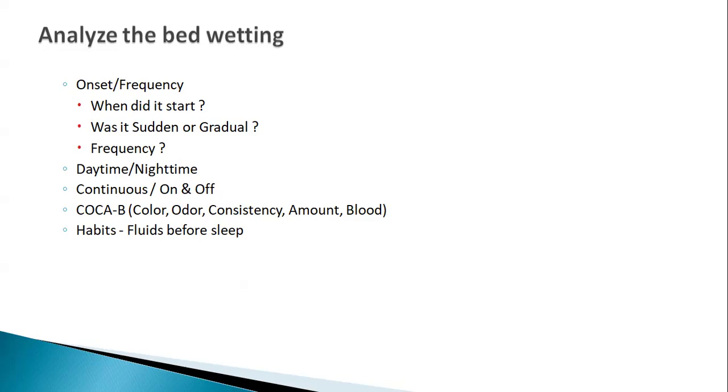If we are dealing with secretions, we want to know about the consistency. Is it thin or thick? We want to know about the amount. But in this case of bedwetting, the amount is not necessary. Is there any blood in the urine? That is important as well. It can point us to maybe urinary tract infection.